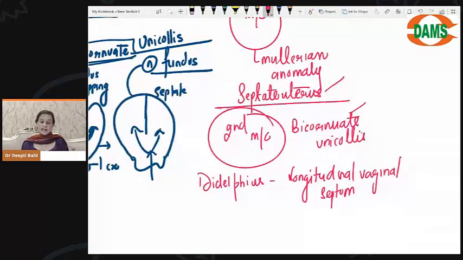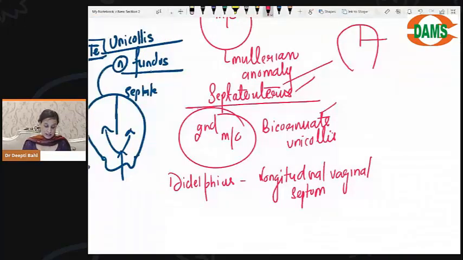Now, let us look at a few important things. When you talk about septate uterus, where a septum comes from the fundus, you have to know that this septum is poorly vascularized.